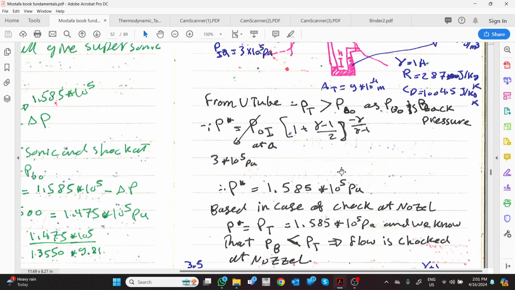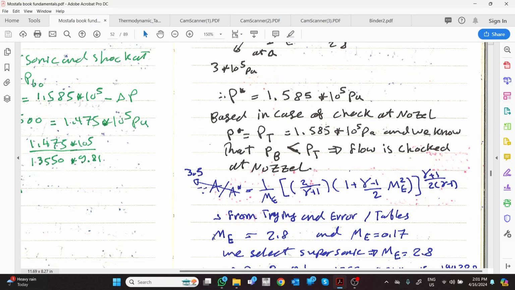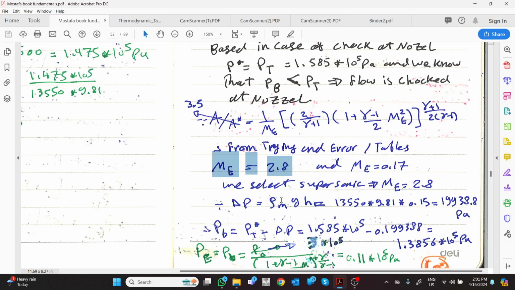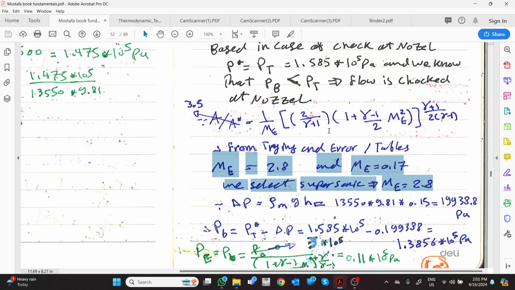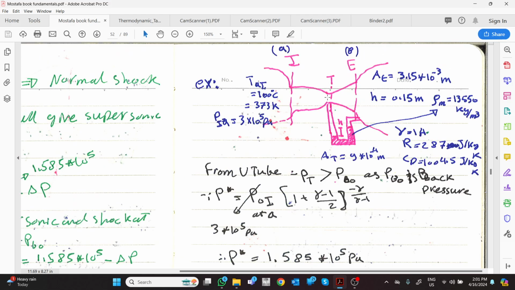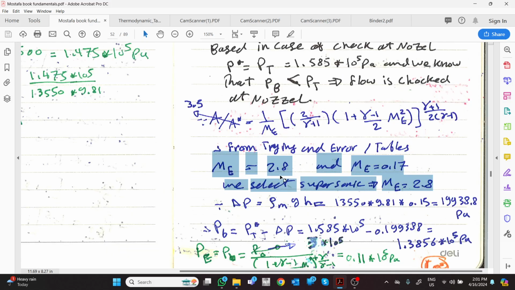Okay, it is 3.5, correct. Because I know the Mach number equals 2.8 from the table or by trial and error. So it is supersonic for sure, because we know here is sonic. Still, I don't know if there is a normal shock or not, but that is still the assumption.